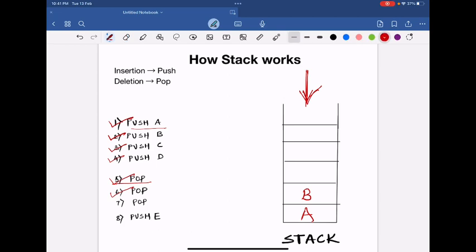After performing one more pop operation, the element at the top of the stack will again be removed, so C will also get deleted. After one more pop operation, B, which is at the top of the stack currently, will also get removed. Next, after pop, we have one more push operation, that is an insert operation.